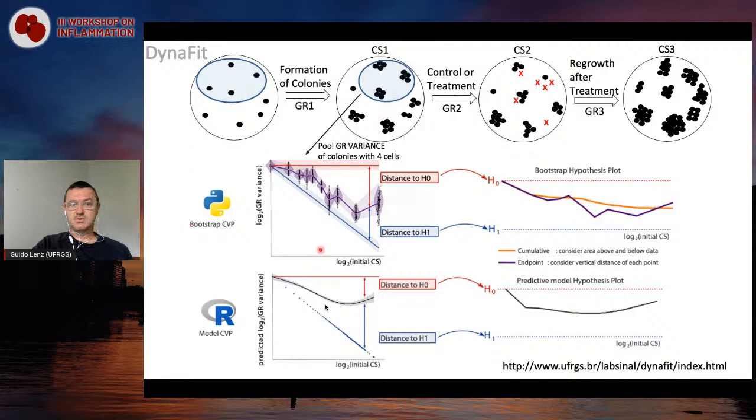We produced two tools that are available at our website to analyze this data using Python that bootstraps this data and a statistical model that fits this data into a nice graph.